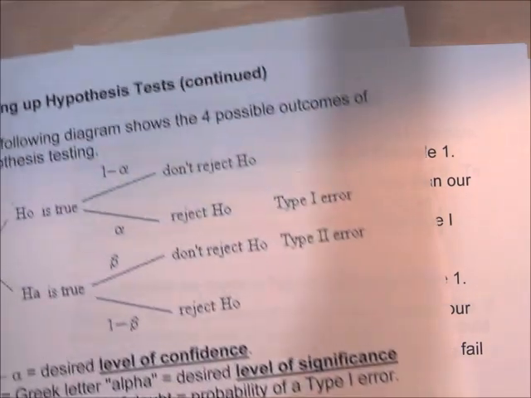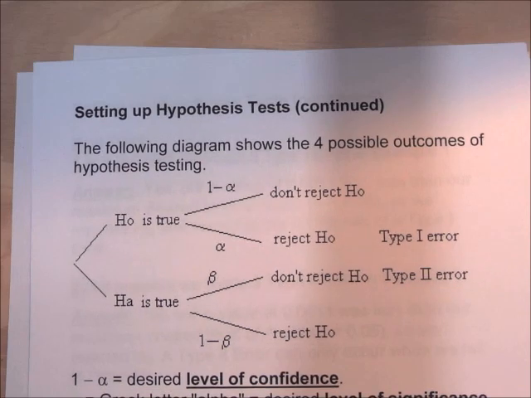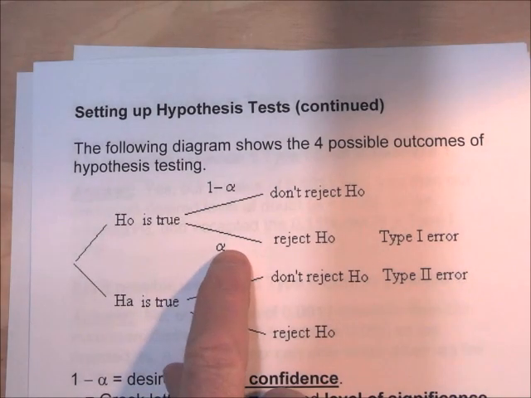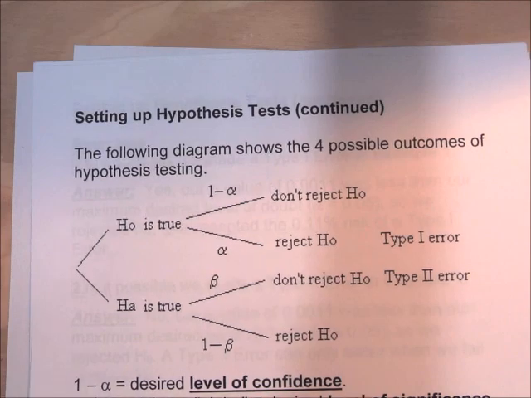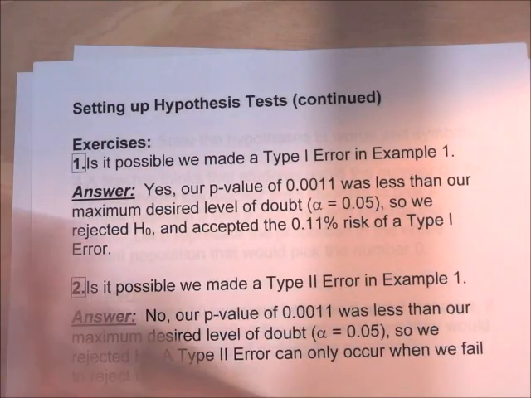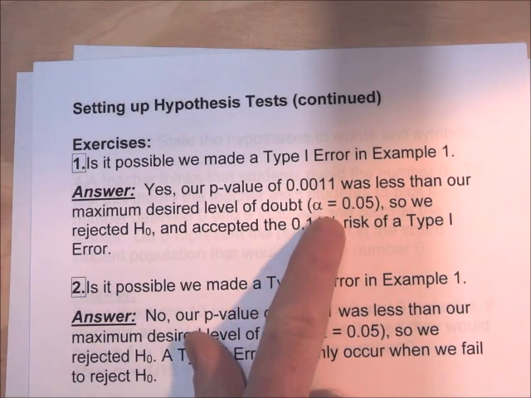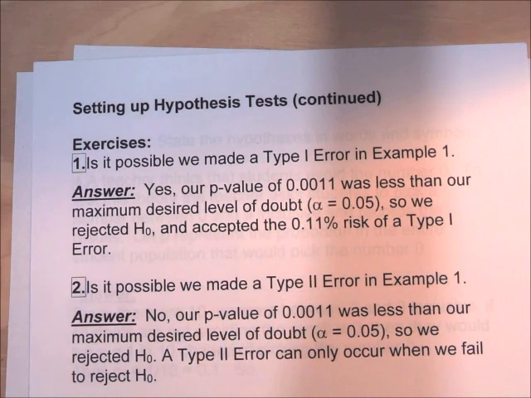The p-value is our actual level of doubt. Alpha is our maximum desired level of doubt. The p-value is the actual level of doubt, which is the actual probability of type 1 error. So our p-value is 0.0011, which indicates a 0.11% risk of a type 1 error.